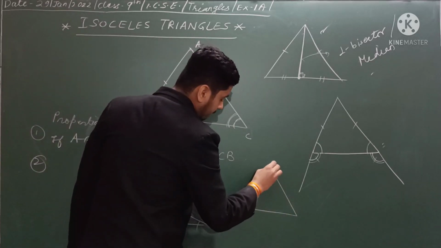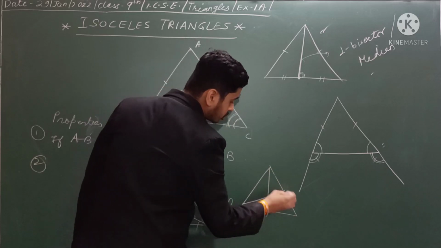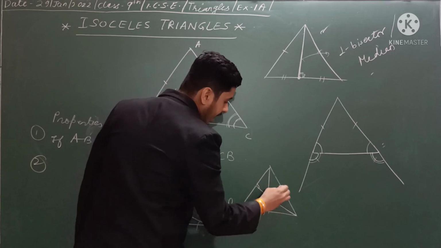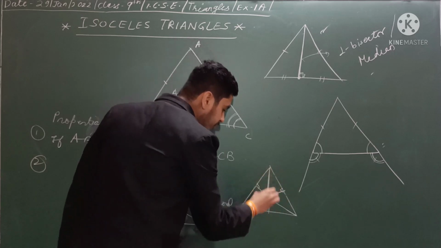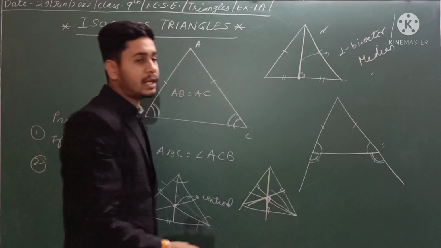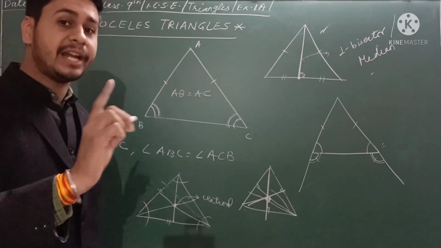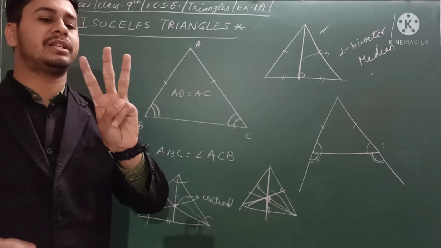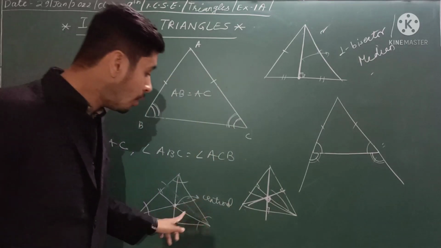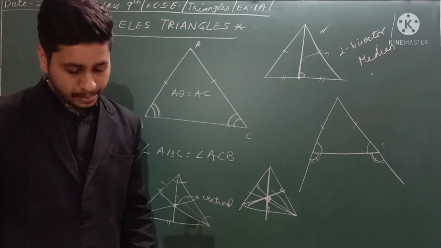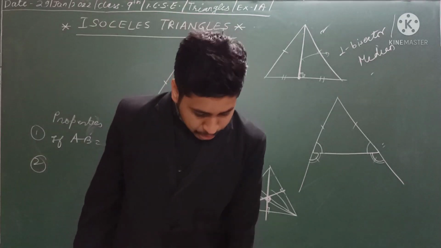If you drop a perpendicular here, and here, and the median also, all three, the orthocenter, the incenter and the centroid, meet at one point, only for the equilateral triangle, not for any other triangle. I hope this is clear to you.